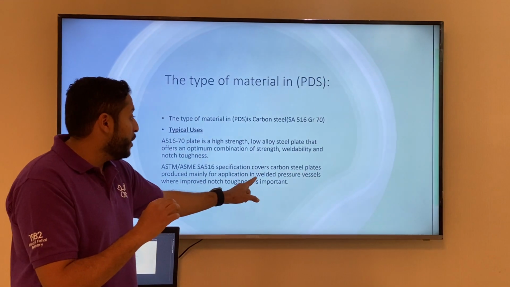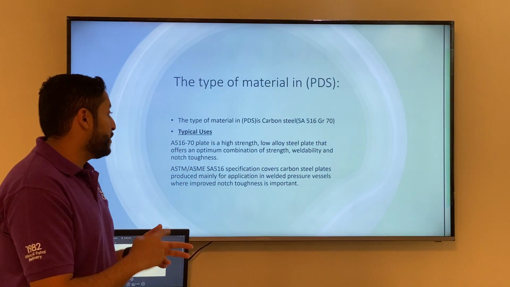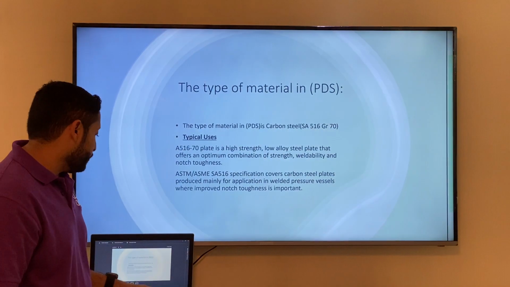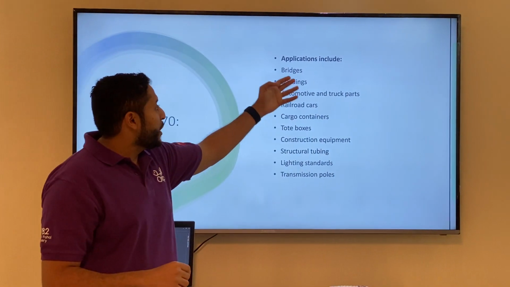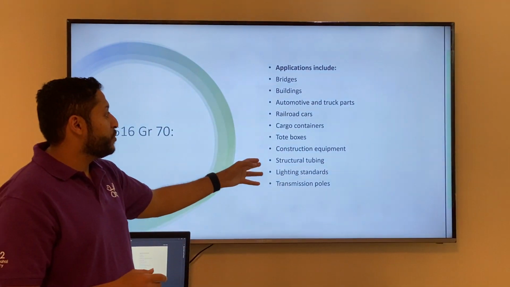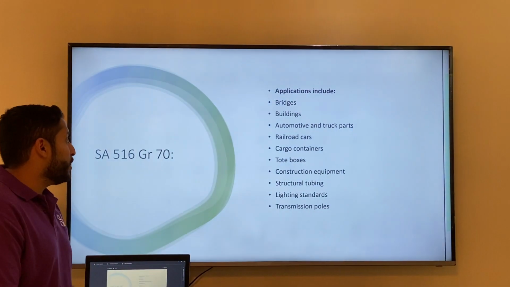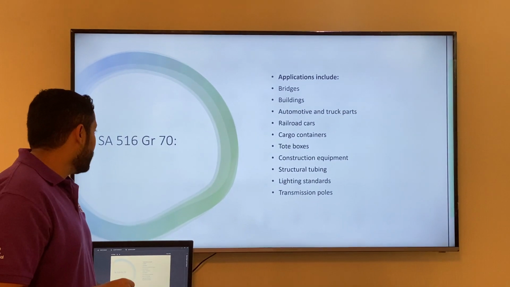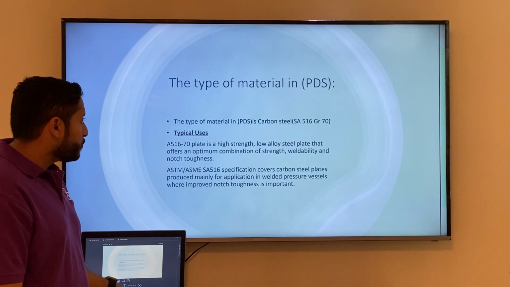This application is in welded pressure vessels, where improved notch toughness is important. Applications also include bridges and buildings, construction equipment, and structural tubing. They have many applications for this carbon steel, exactly SA 516 GR70.